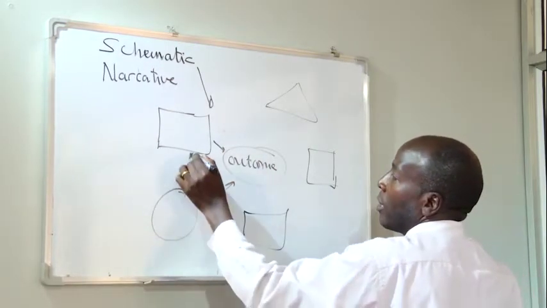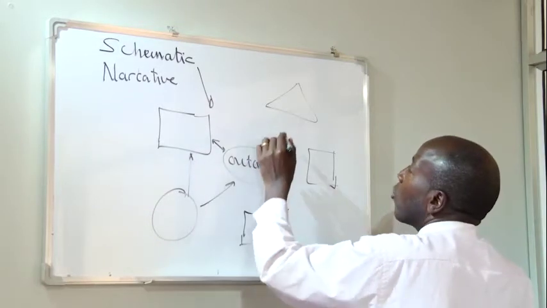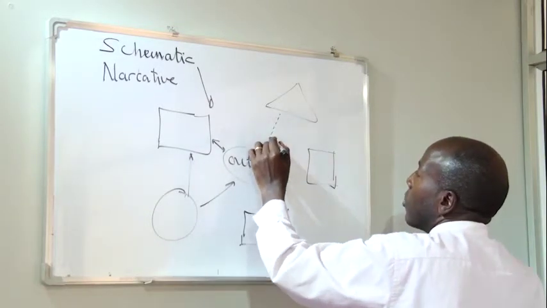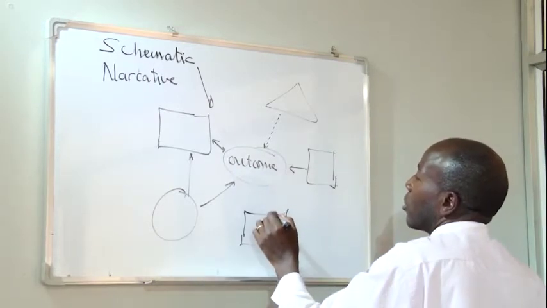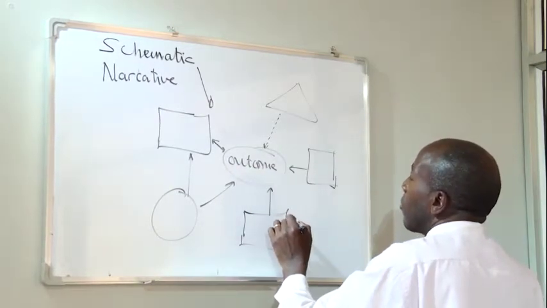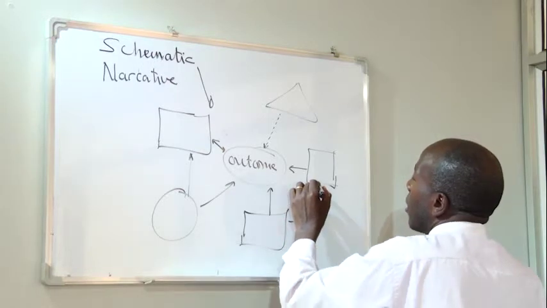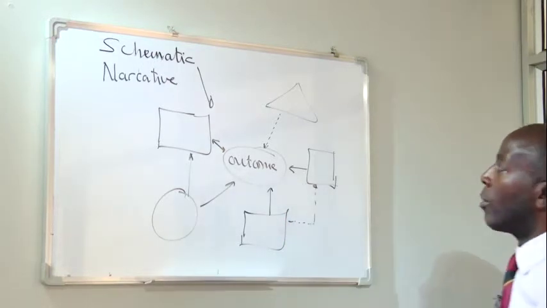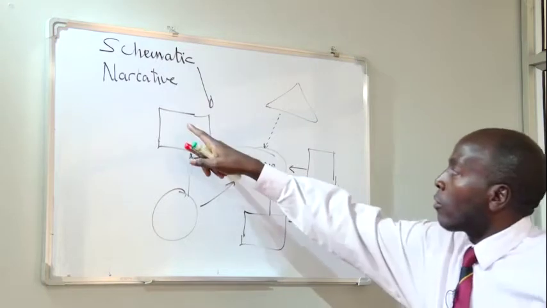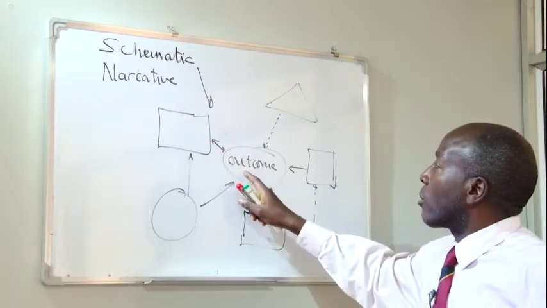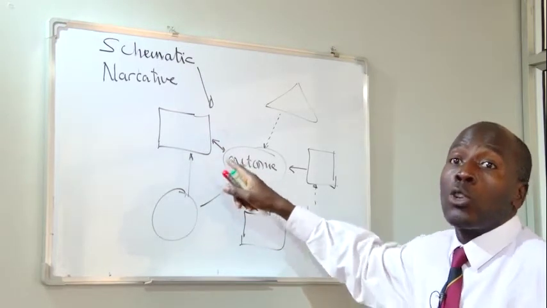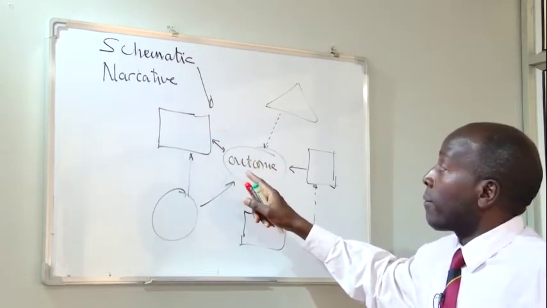This could be like this. Some of the arrows may be two-way, others may even be one-way but dotted because they are not very strong associations, and some may actually be linked. So this is just a schema. It shows you the factors that are here are related to the outcome, but in a bidirectional way. Yeah?